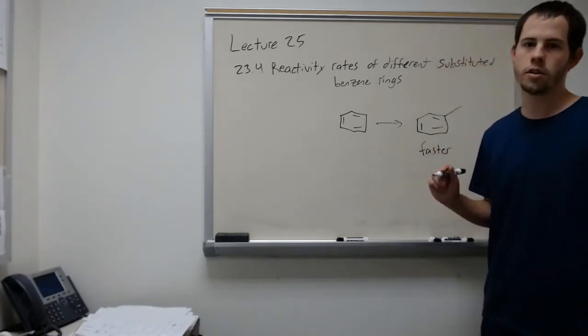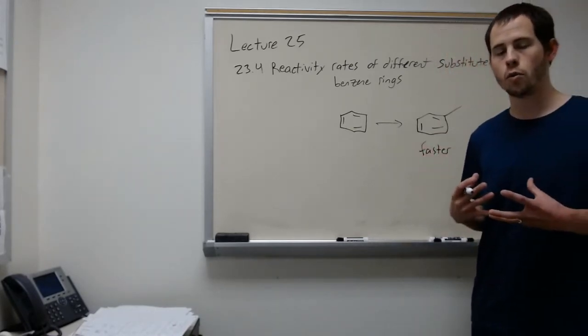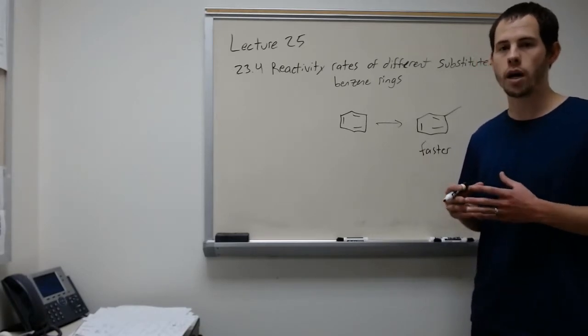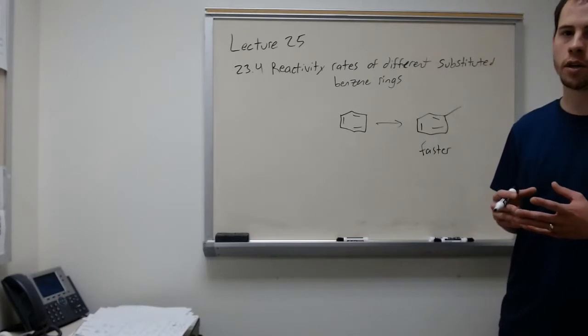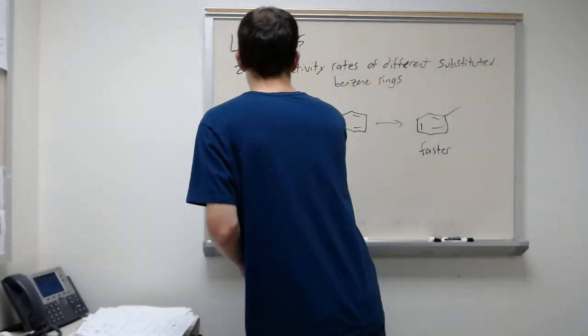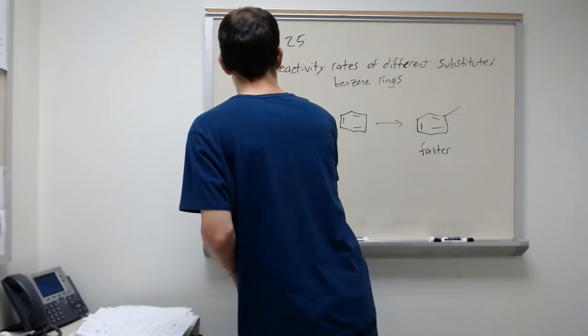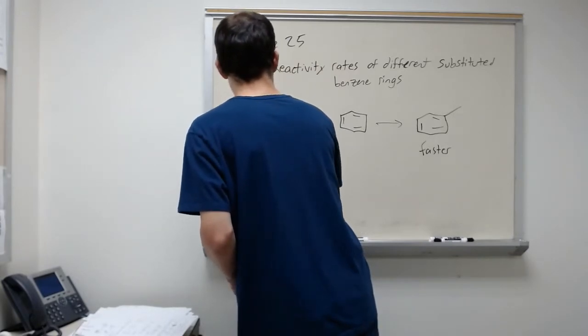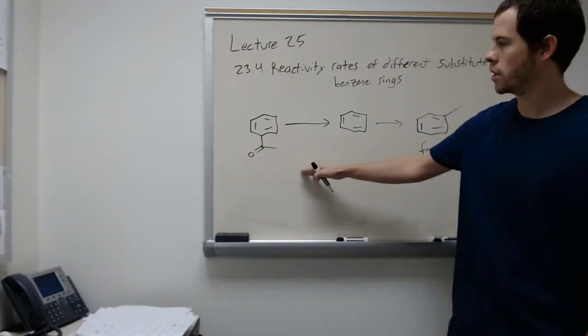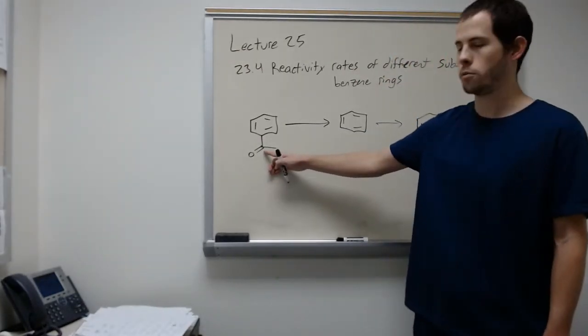And if we put some type of electron withdrawing group, where the atom that's attached directly to the ring has a partial or full positive charge, we know that the reaction is slower than benzene itself. So for example, I put this ketone on here. This is electron withdrawing. This carbon is partially positive.